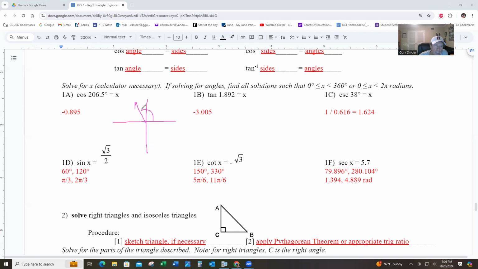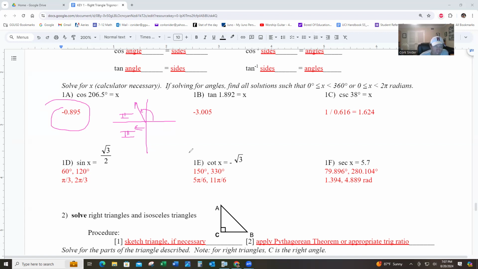So just to give a little bit of a longer explanation, because we're just taking baby steps here. 206 degrees, and cosine is the x. So on this side where the arrow is, in quadrant 2 and quadrant 3, the cosine, or x, is negative. So you should know that that's going to happen. The maximum cosine can be is 1 or -1, and then the minimum is a decimal.